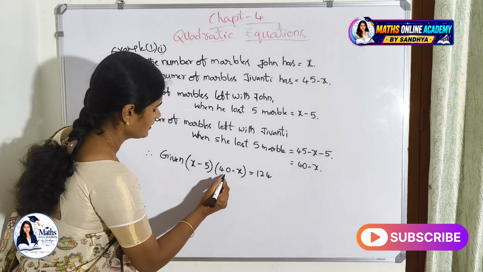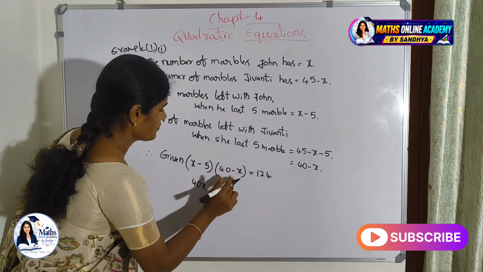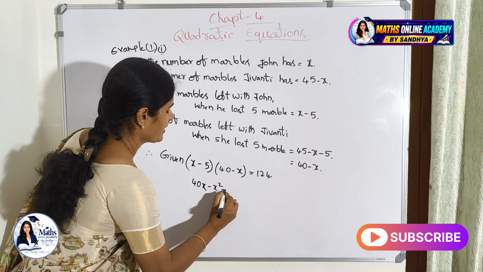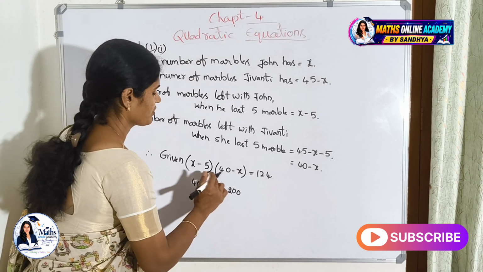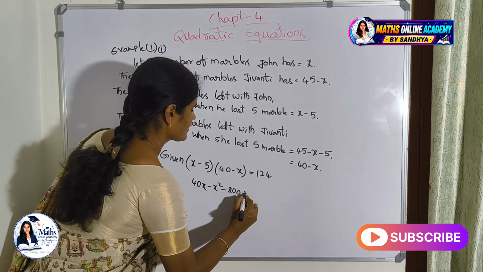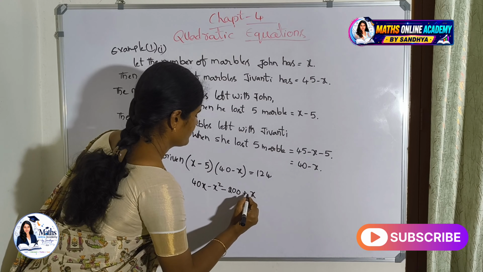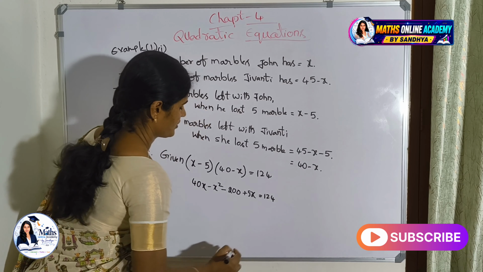Multiply: 40x minus x square, and again minus 200 (minus into minus plus) 5x, equal to 124.